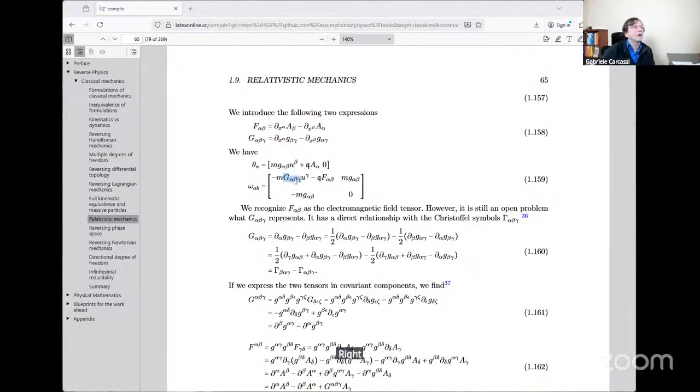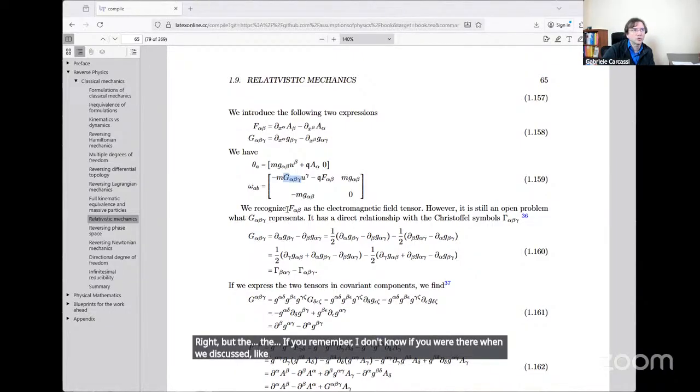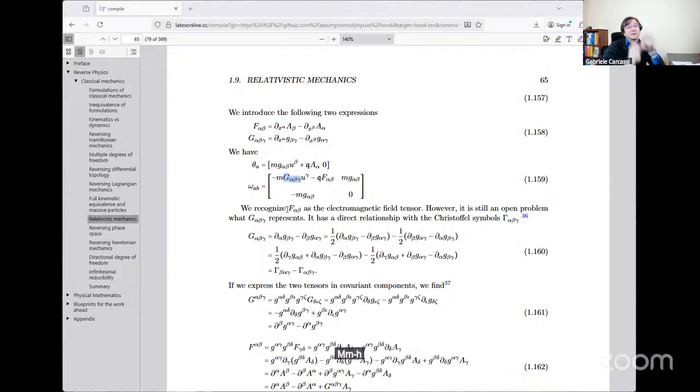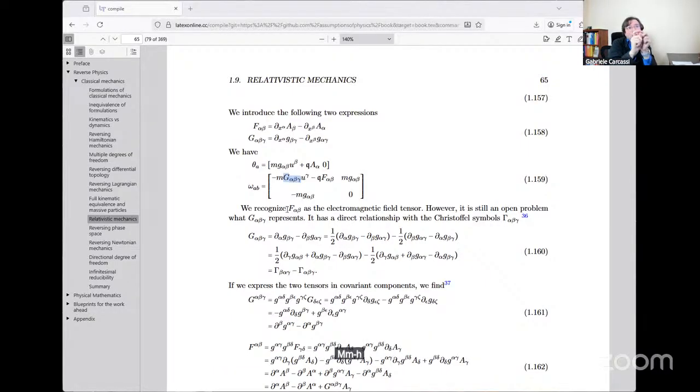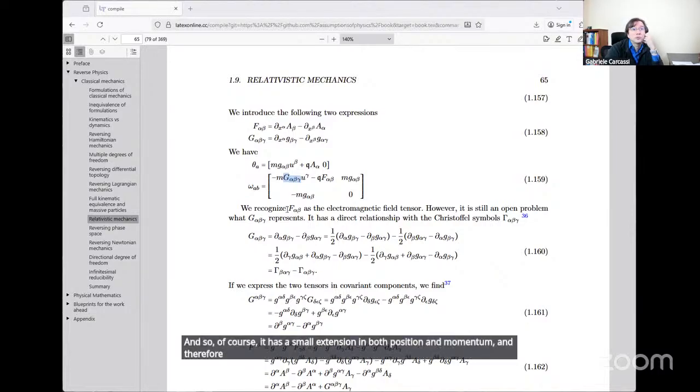Right, but if you remember, I don't know if you were there when we discussed Hamiltonian mechanics, we came to the conclusion that what Hamiltonian mechanics is doing is not moving points, but moving infinitesimal cells. The particle state should be thought of as a very tight probability distribution, and that's what you're moving. Of course, it has a small extension in both position and momentum, and therefore it will be able to tell these things.